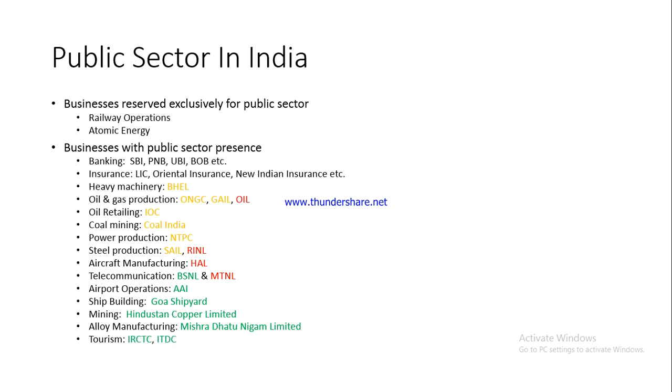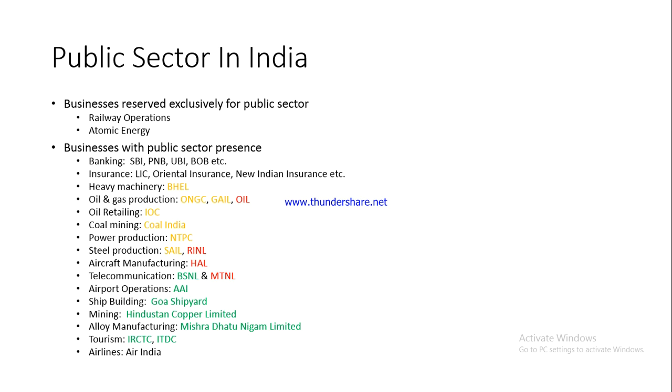And as far as tourism is concerned, we have IRCTC and Indian Tourism Development Corporation, ITDC, and Indian Railway Catering and Tourism Corporation. So we have these two public sector enterprises. As far as airlines are concerned, you know very well that we have Air India, which the government is planning to privatize soon.